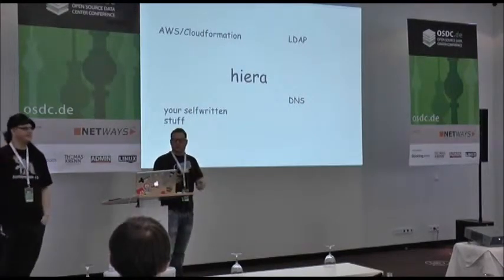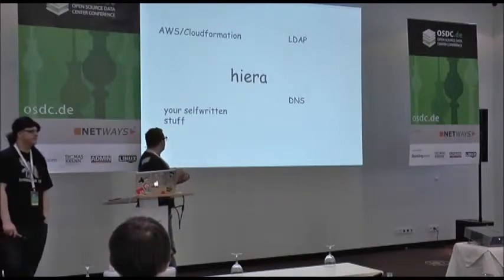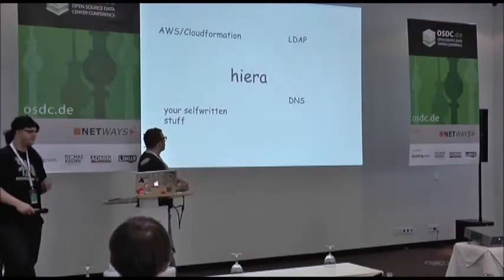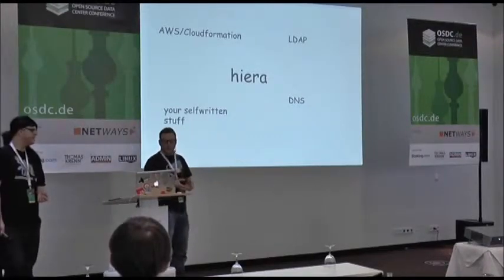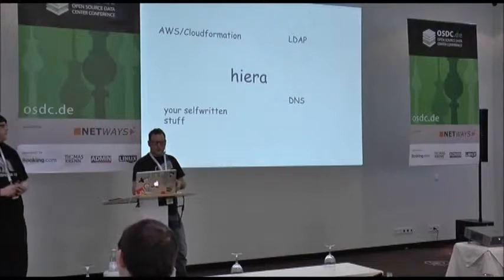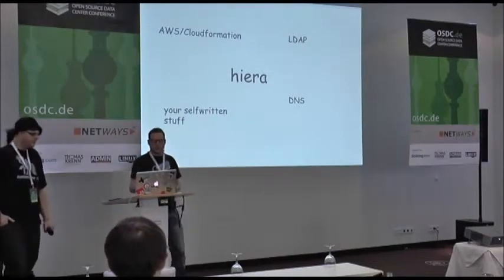Then you could just write a really thin layer to express how a node should look. And you could also do it connected to some APIs like AWS or with CloudFormation or stuff like that.